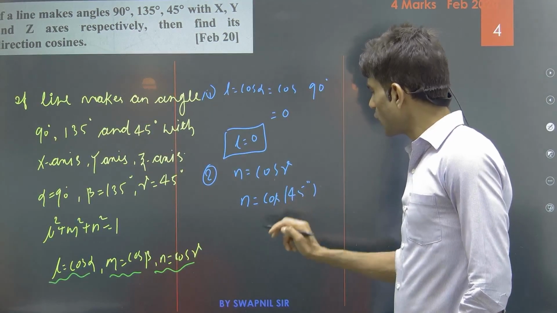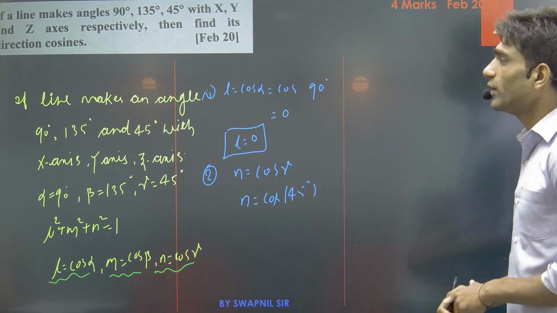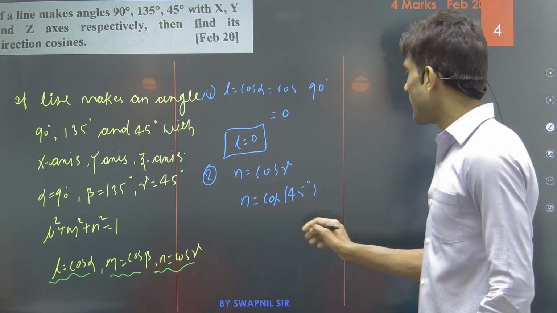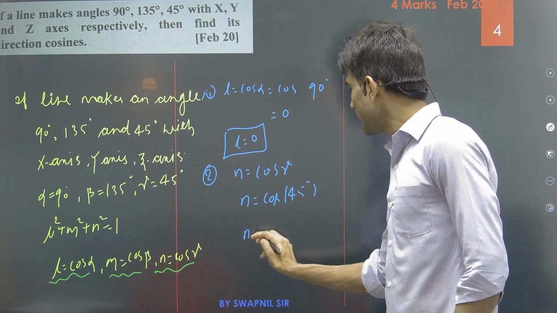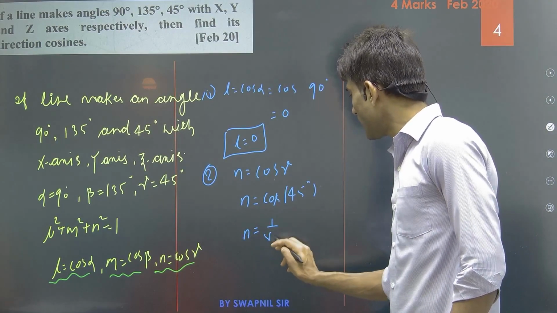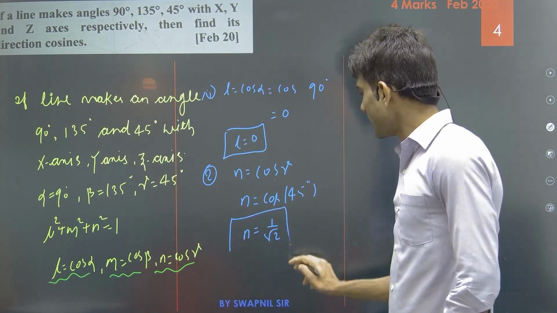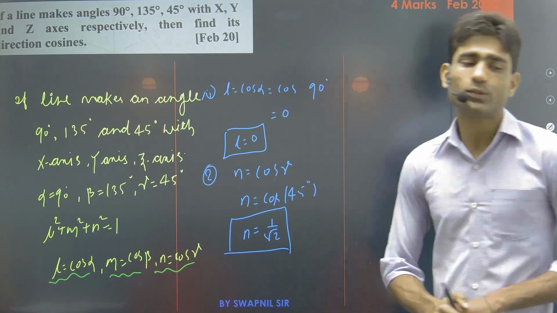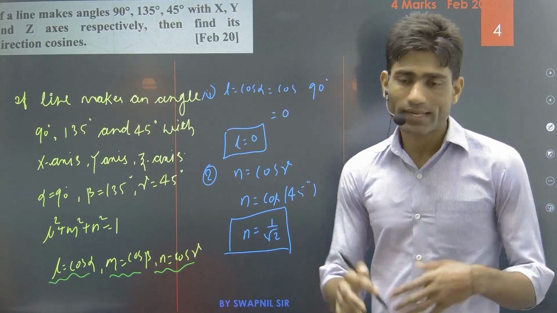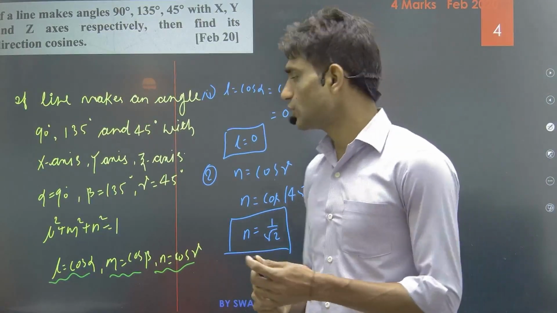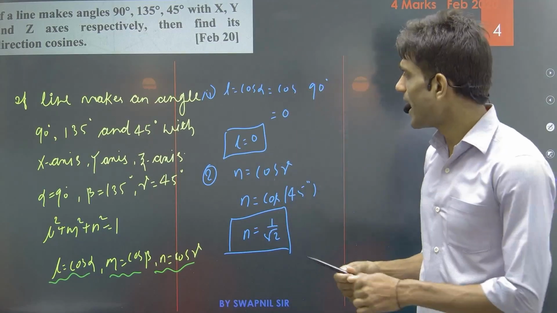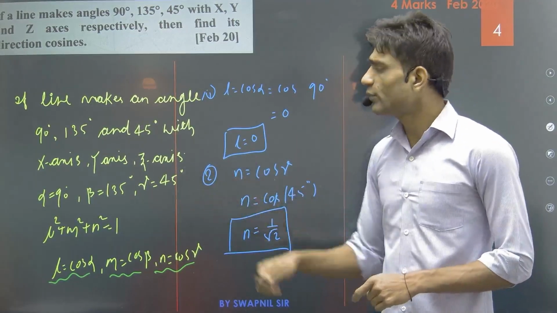And we know that cos 45 degree, and sin 45 degree, always give the value 1 by root 2. So we get cos 45 degree as 1 by root 2. So n is equal to 1 by root 2, which is our next direction cosine. Why have I taken 45 degree first?